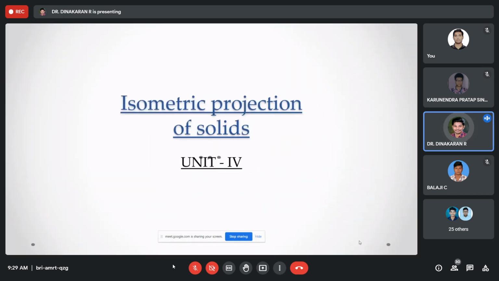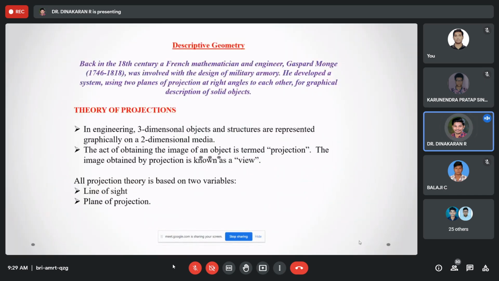So, isometric projection of solids. You know the theory of projection. I told you in the theory of projection that what we are seeing in engineering is a three-dimensional object. For representation graphically, we convert it into a two-dimensional object.